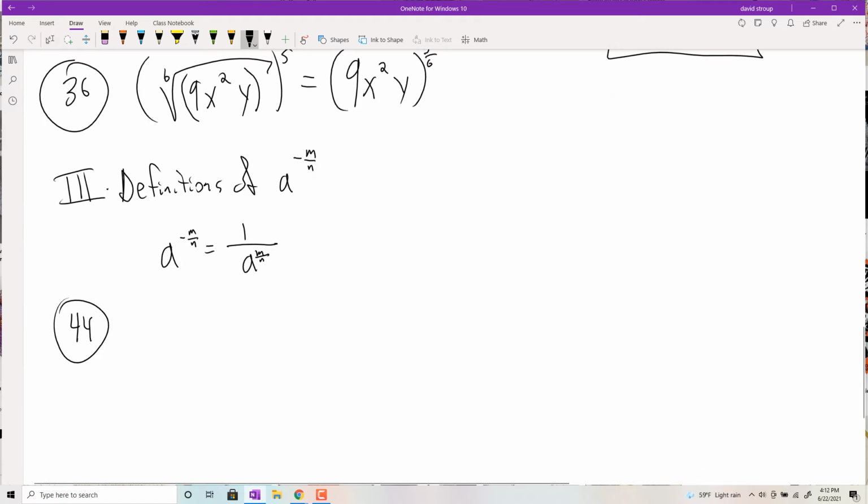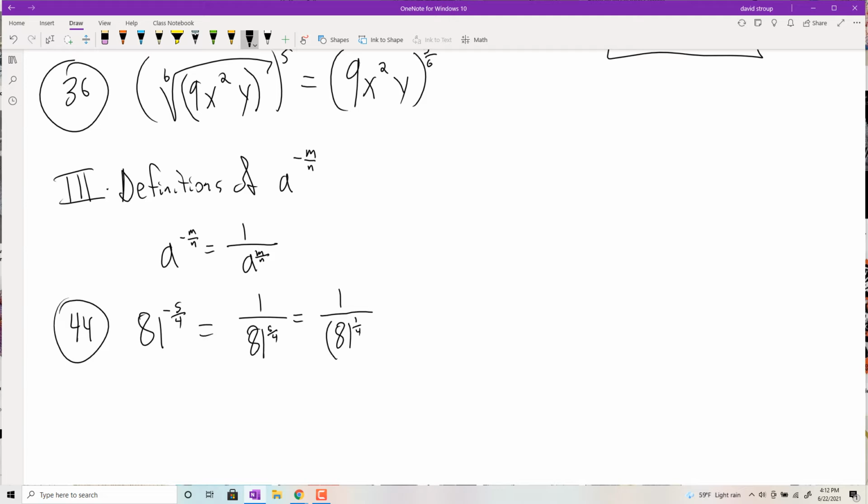Right. So let's dive in here and take a look. 81 to the negative 5/4. I'm going to drop it to the denominator and change the sign of the exponent. Then I think I can simplify that using our rules of exponents. So I have 81, I'm going to go 1/4. If I raise 81 to the 5th and then take the 4th root of that, I can't do that in my head, but I can do this in my head.